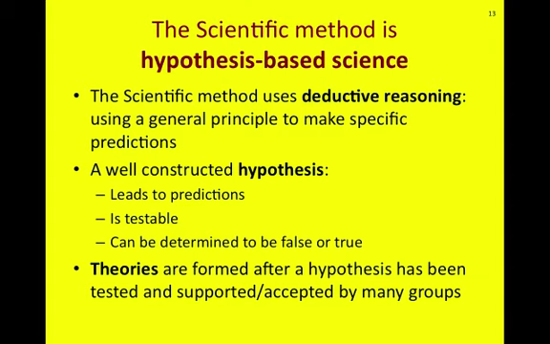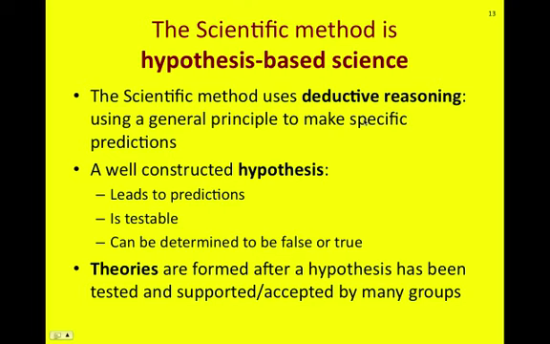Deductive reasoning is using a general principle to make a specific prediction or a set of specific predictions. Again, I'm going to reiterate: deductive is going from general to specific.